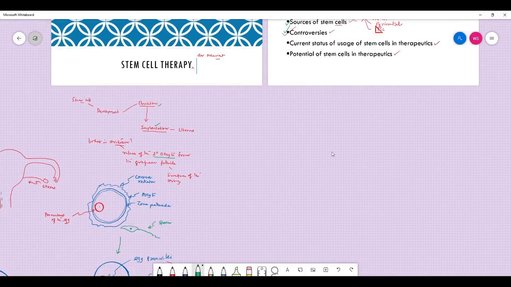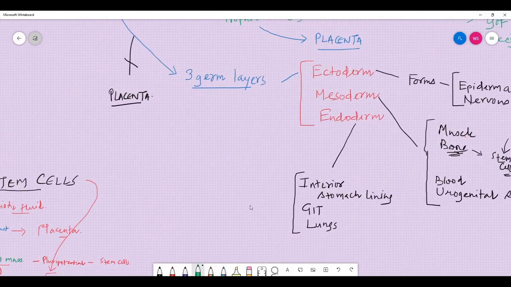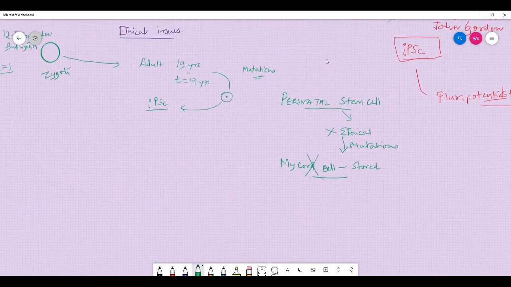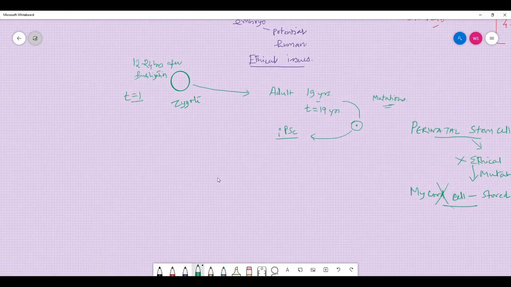There is one more thing that people have done to overcome the ethical issues. You must have heard about Dolly. If you have jumped up in your seat and said that it was the first cloned sheep, then yay, you're absolutely right. It was the first cloned sheep.